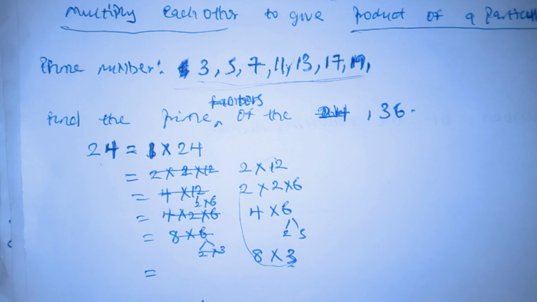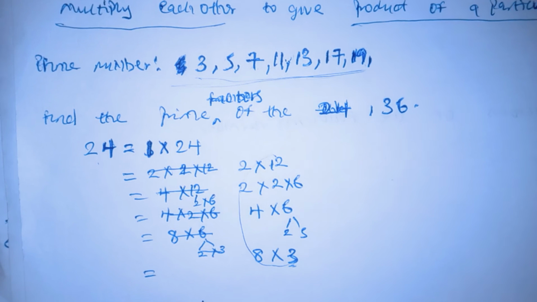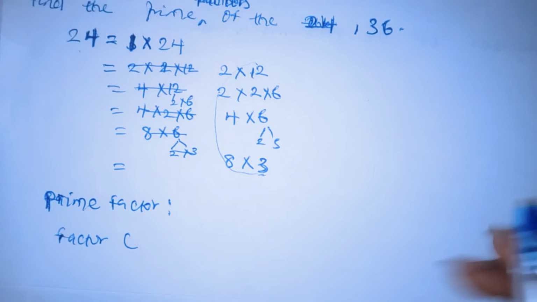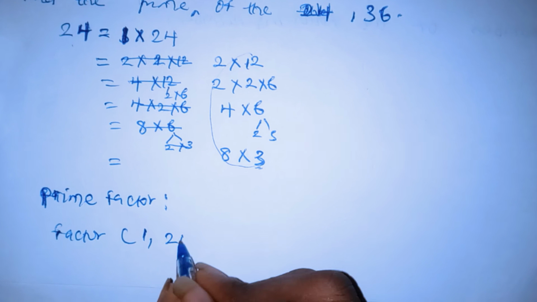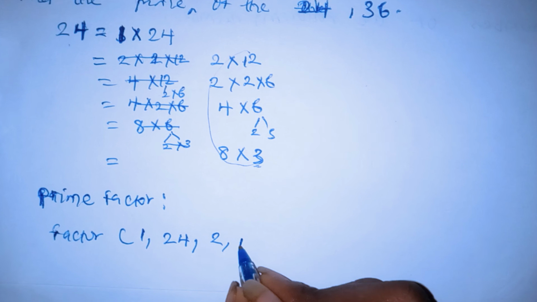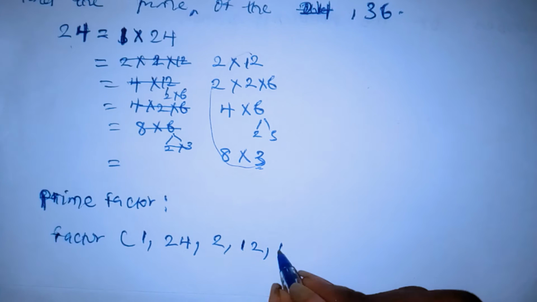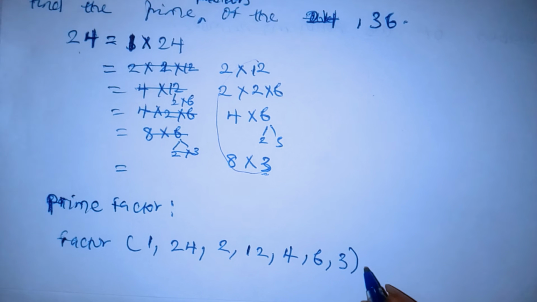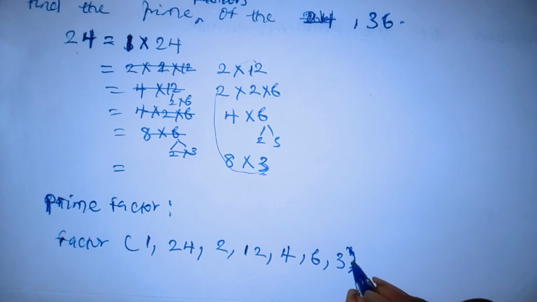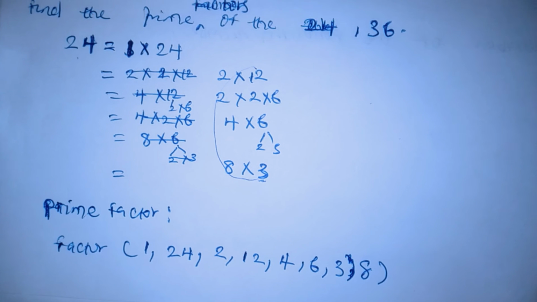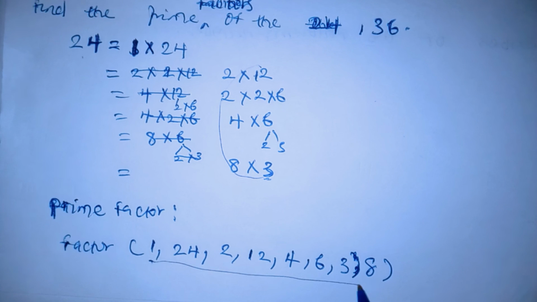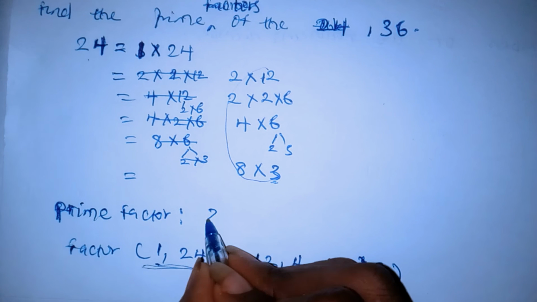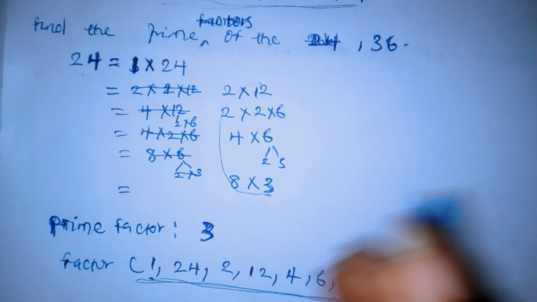And the factors are 1, 24, 2, 12, 4, 6, and 3, and also 8. So we check the numbers that are prime here. The prime number is 3, that is prime. So the prime factor of 24 is 3.